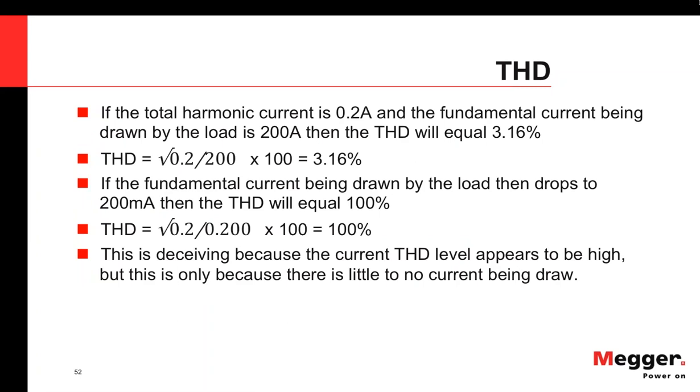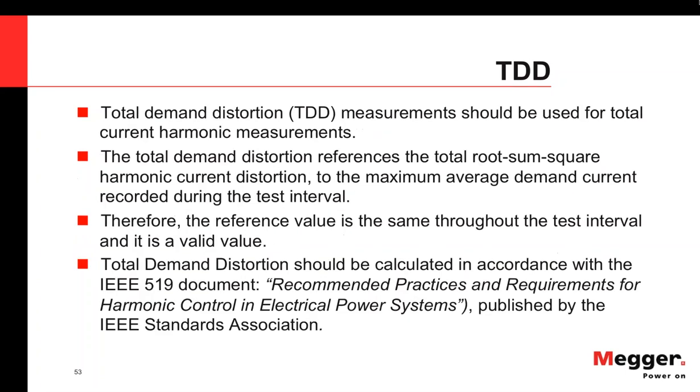If I look at THD for current, if I'm drawing current and have a good load, THD will work. But if someone turns off the load and I'm not drawing a lot of current, that THD value can be misleading. If I look at a total harmonic current of, let's say, 0.2 amps, and the fundamental current being drawn is 200 amps, THD is 3.16%.